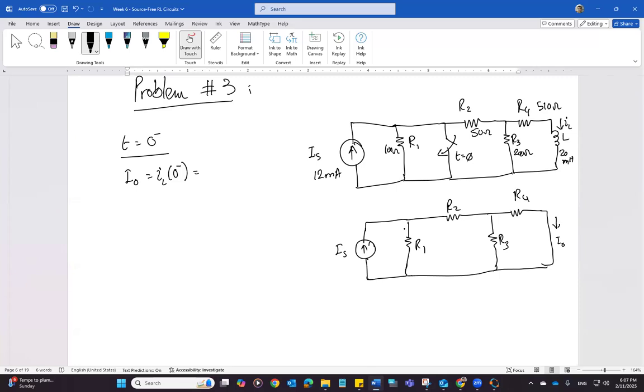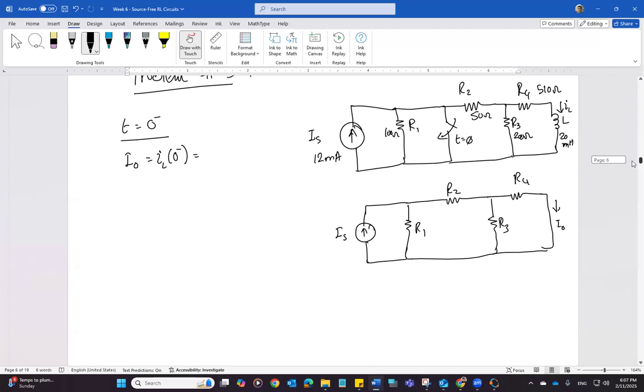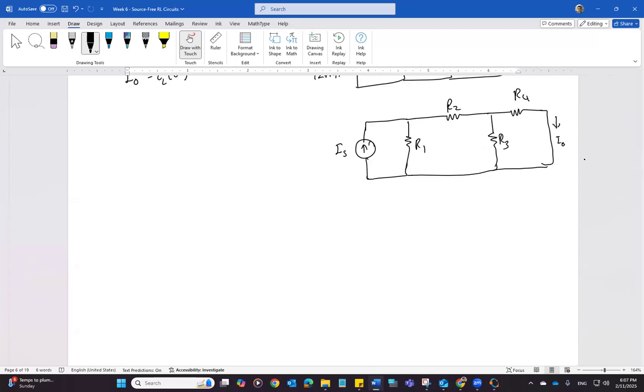And the current is going to be divided into R1 and then the series combination of R2 and the parallel combination of R4 and R3. So once I know how much current is going through R2, then I can apply current division one more time to find the current I0. So I have to apply basic current division 2 times. One time to find the current passing through R2, let's call this IR2. And then once I know IR2, I can apply current division between R3 and R4 and find the current passing through R4.